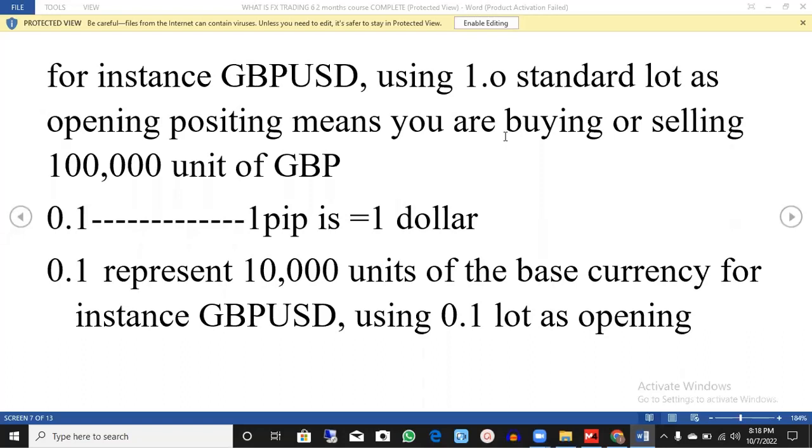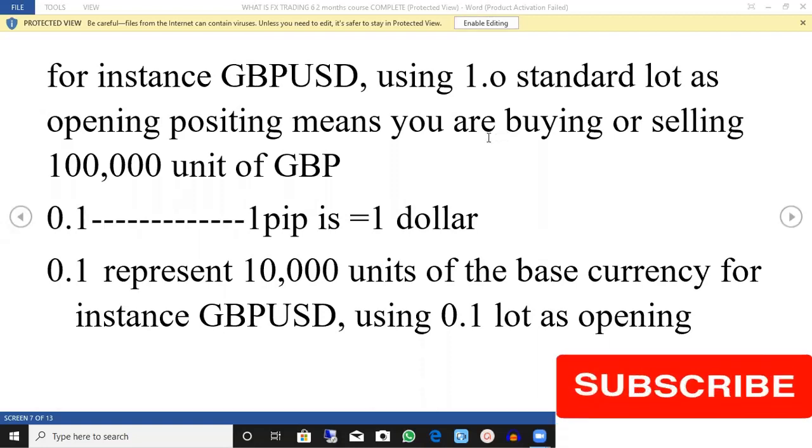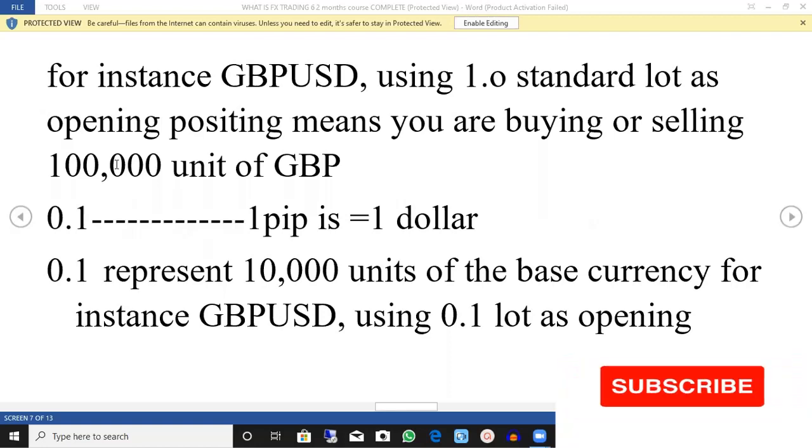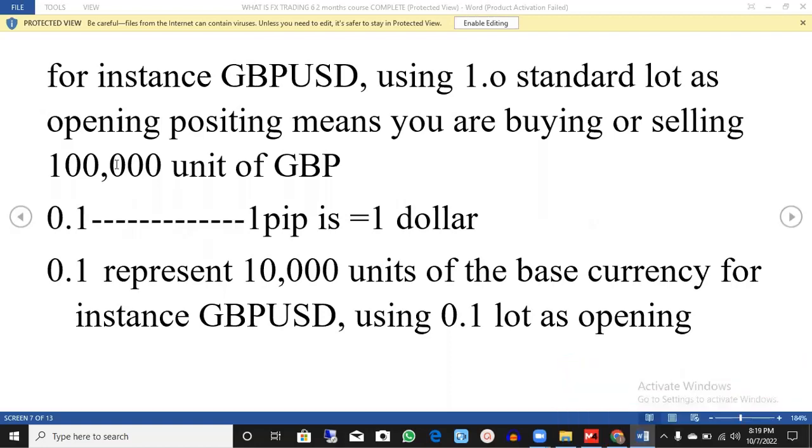Because that's actually what you're asking the broker to buy when it is converted. But the broker allows us to buy GBP worth 100,000 because of something called leverage. I'm going to explain why that is possible. But just know that each time you press one standard lot, buy or sell, what you actually bought is 100,000 pounds. That is the worth of the position you are holding.